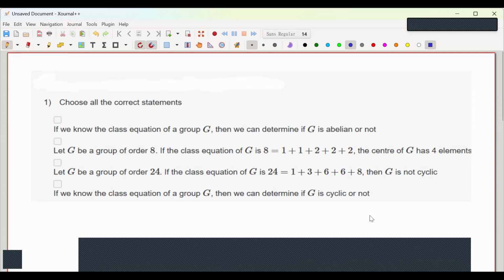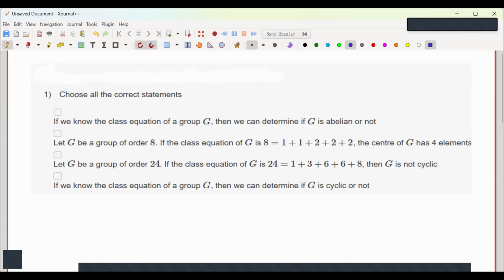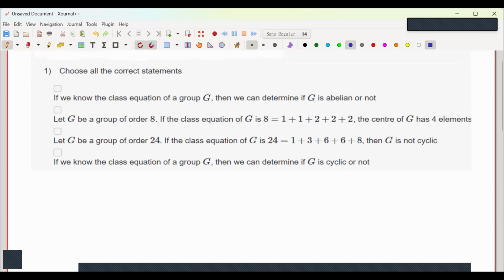What do you think? Is it okay to say that? Yes, sir. Why is it so? So if I take the conjugacy classes, then I'll just get 1 plus 1, n times. So based on the equation, I can tell if it's abelian or not.